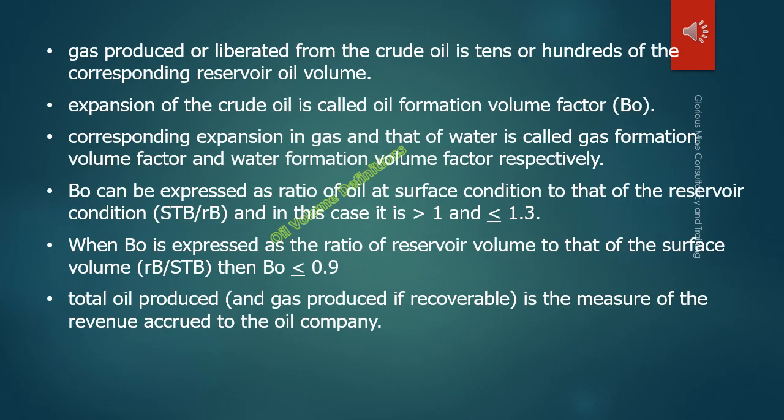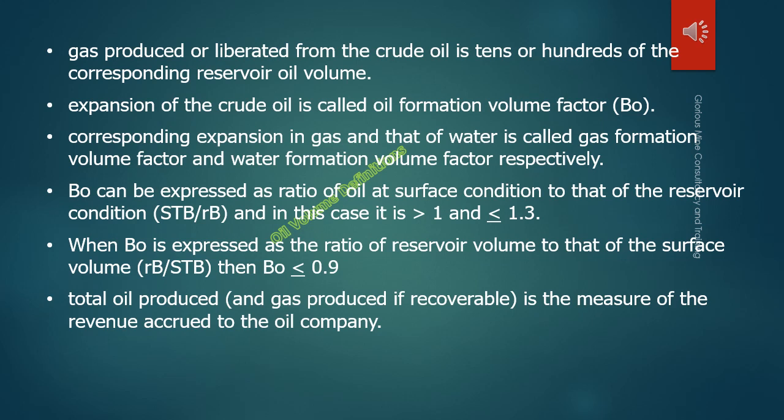The expansion of the crude oil is called the oil formation volume factor, (Bo). The corresponding expansion in gas and that of water are called the gas formation volume factor and water formation volume factor respectively.